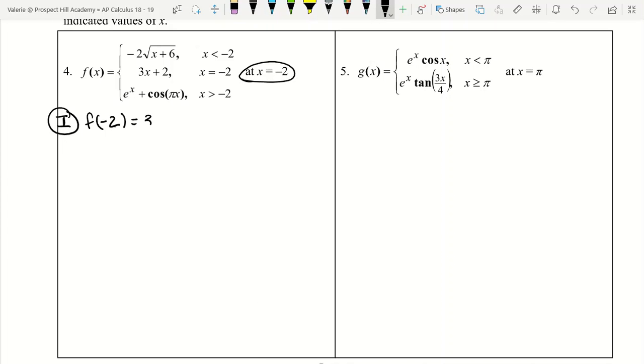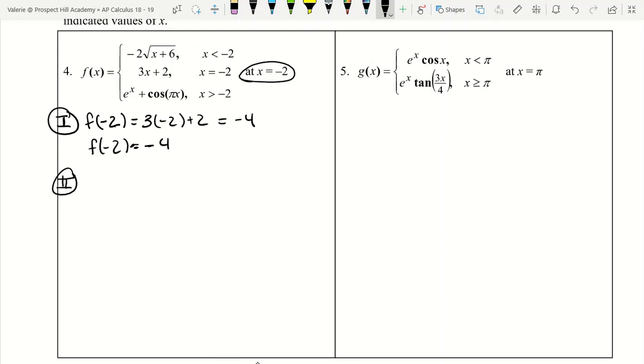So we have 3 times -2 squared, which is equal to -4?. So f of -2 equals -4. By writing that statement, we do not have to state that f of -2 is defined, because that statement says it's defined and gives us the value at the same time.